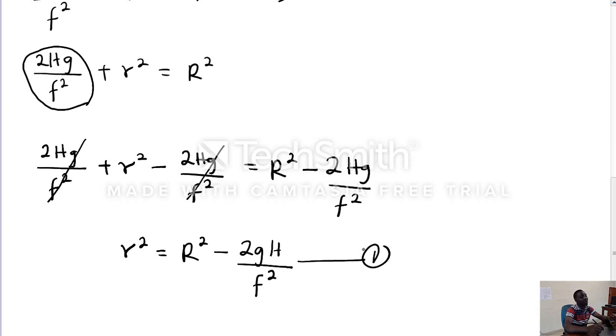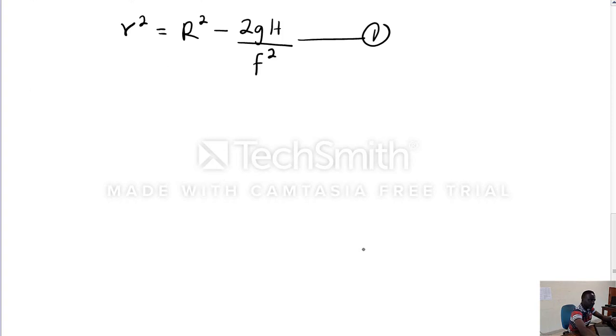But our question is that we should make r the subject of the formula. So in order for us to make r the subject of the formula, from r squared we are going to find the square root of both sides. So if you find the square root of r squared, you also do the same to the right hand side.